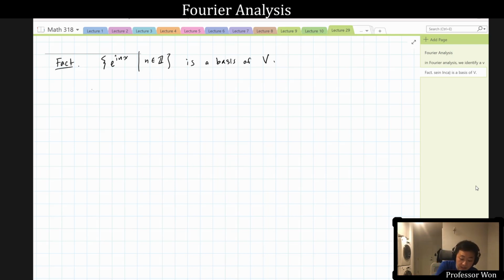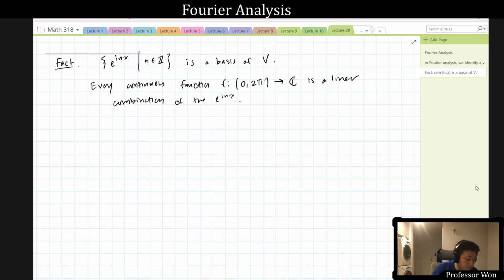Right, so every continuous function f from this interval to C is a linear combination of the e to the i n x.